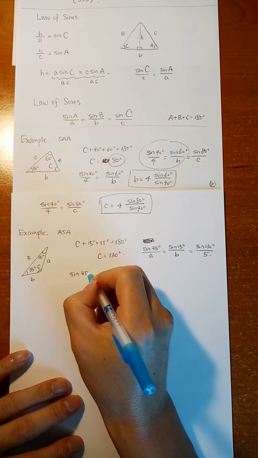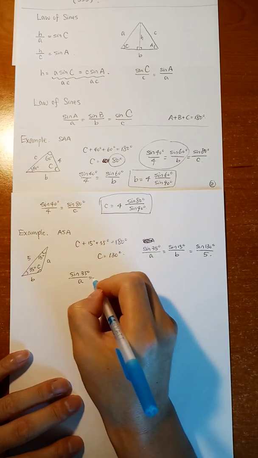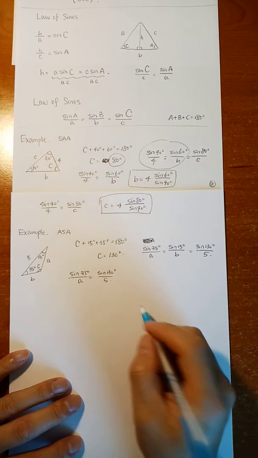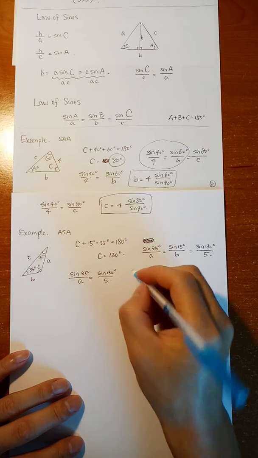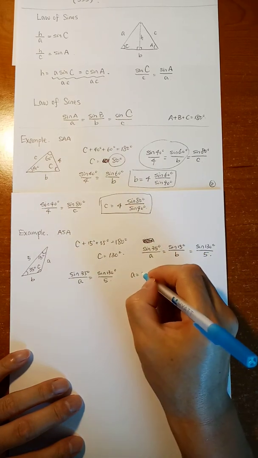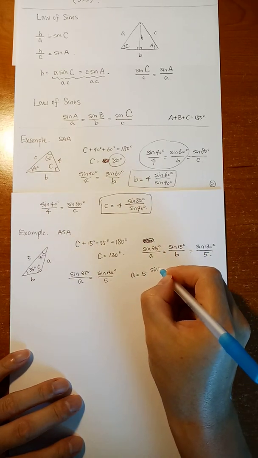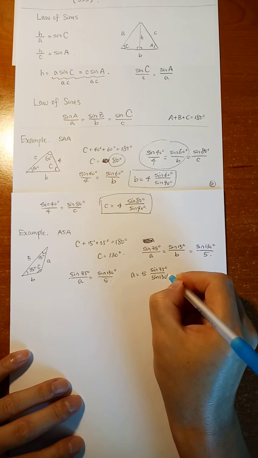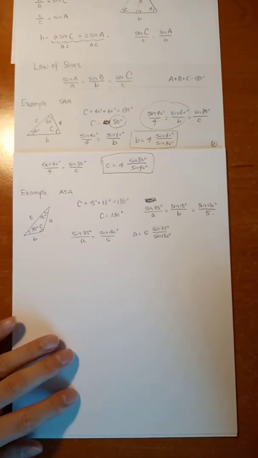Sine 35 degrees over A is equal to sine 130 degrees over 5. You solve this equation for A, you get A is 5 times sine 35 degrees over sine 130 degrees. Right?